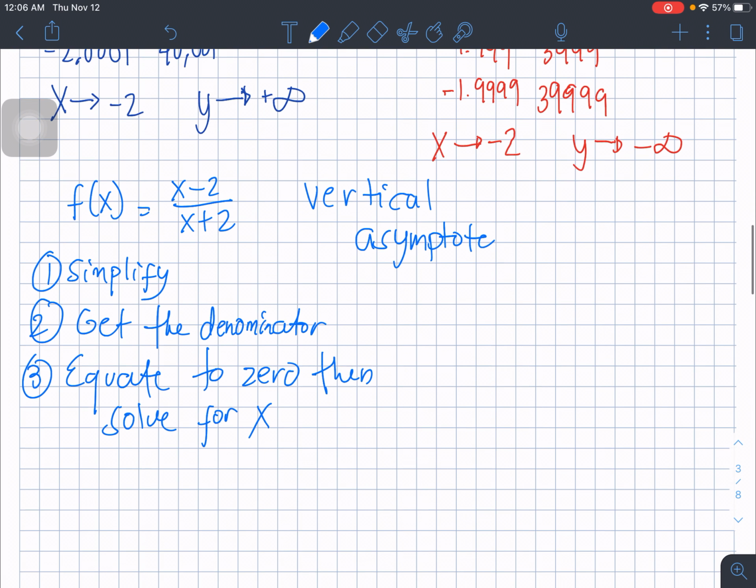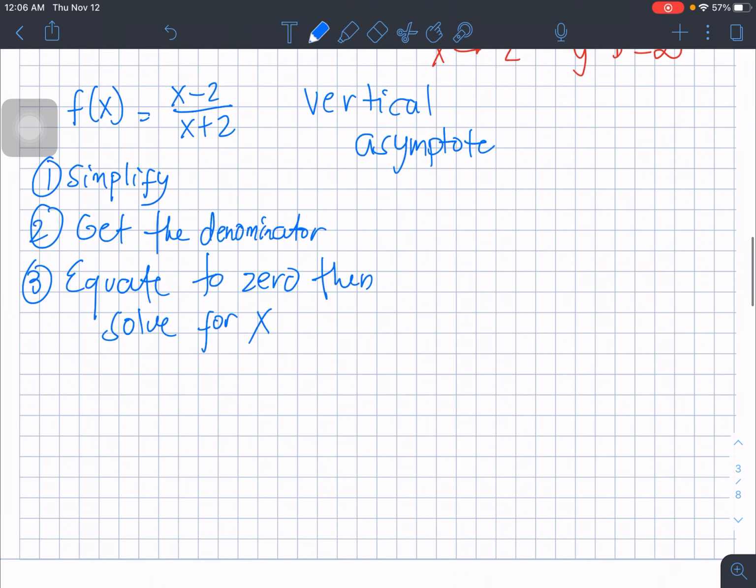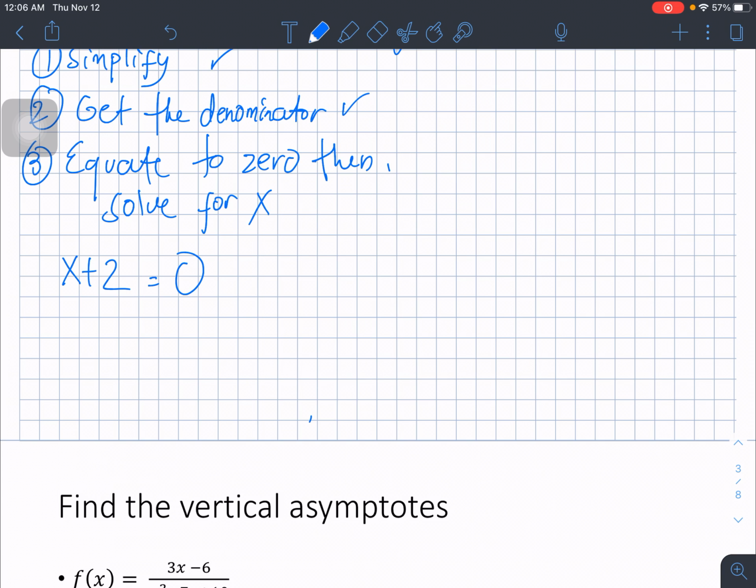Okay, so examine this expression, x minus 2 over x plus 2. This is already a simplified expression. So we're done with number 1. Get the denominator, x plus 2, equate it to 0. So x plus 2 is equal to 0, so x will be equal to negative 2. Hence, this will be our vertical asymptote.